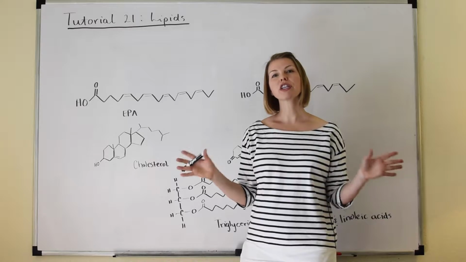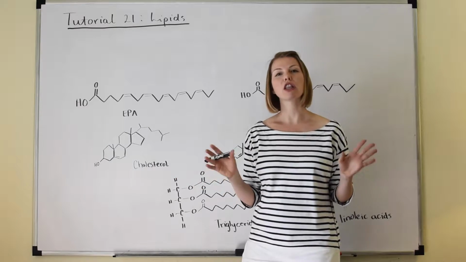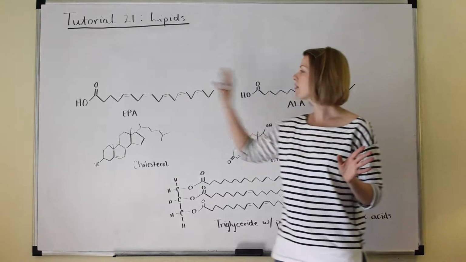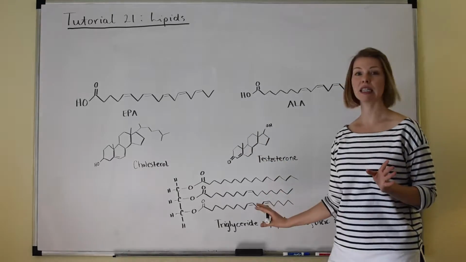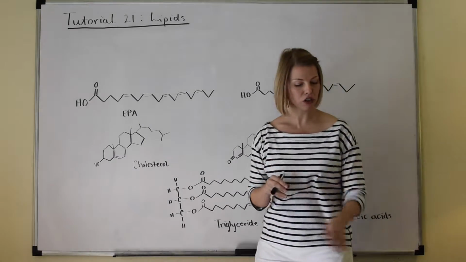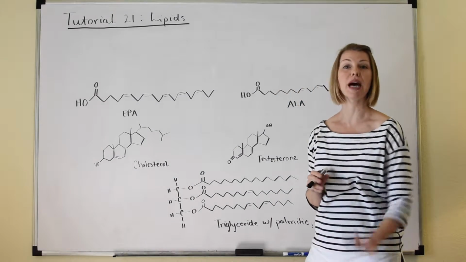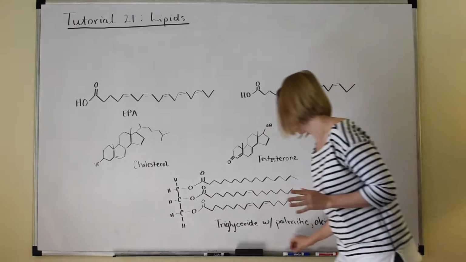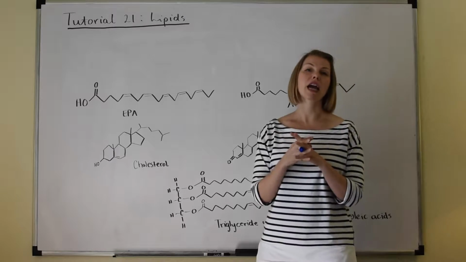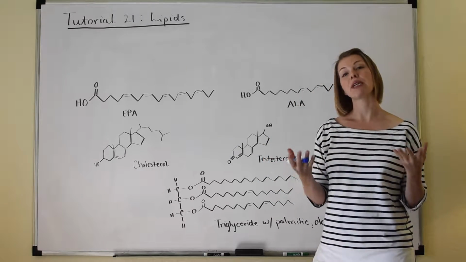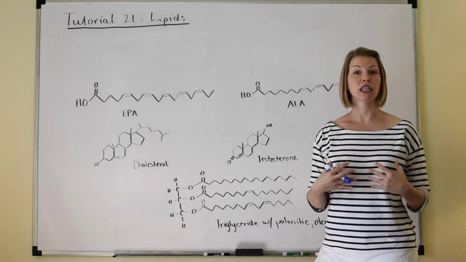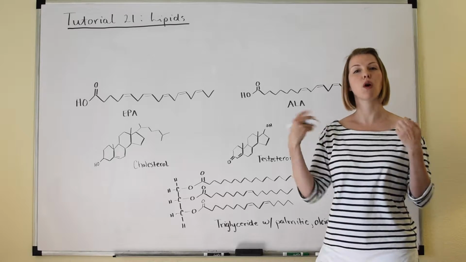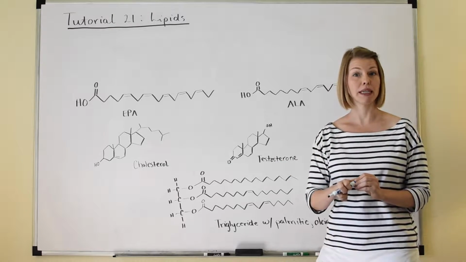All right, so we're going to start out by looking at 5 different lipids. These are all drawn in your notes on slide 2 as well. Let's do this in the blue pen, we're going to take a look at the similarities between all these structures. So what do all these lipids have in common?